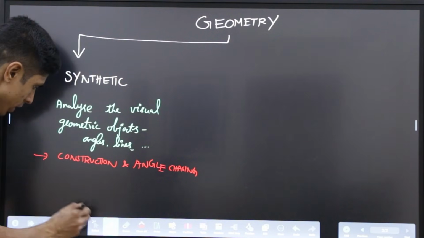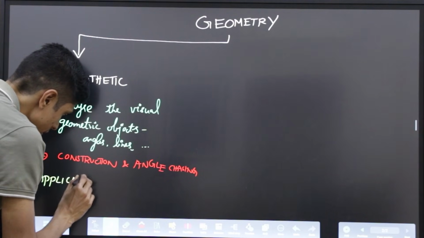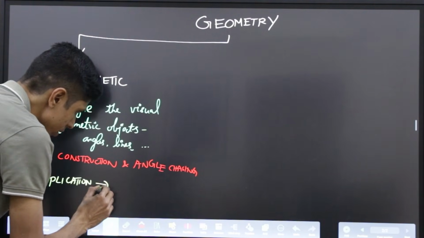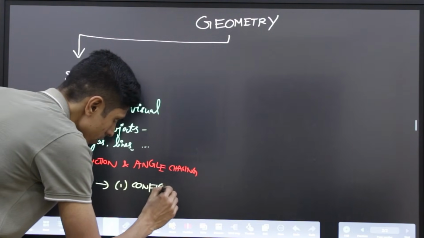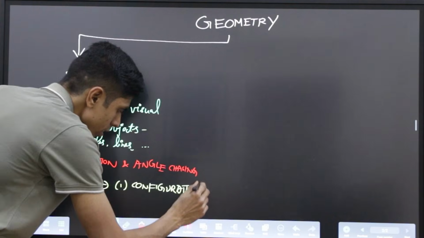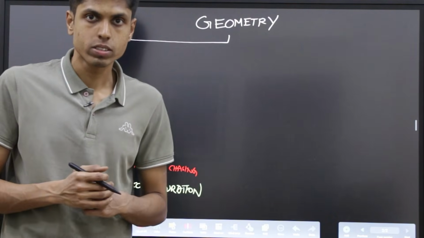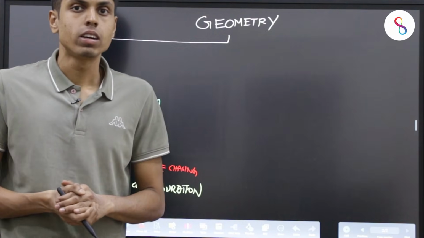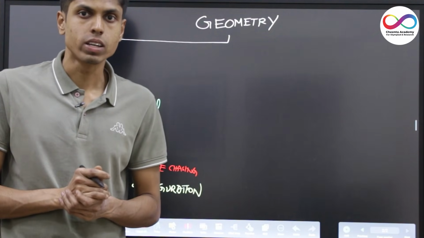Alright, when is it applicable? Its applications include, first, configurations. Configurations mean things like Humpty Dumpty points or bisectors. You can have complete quadrilaterals in a certain configuration.